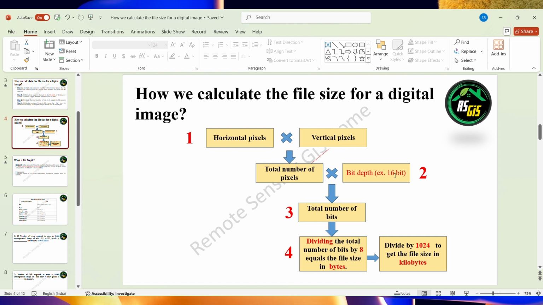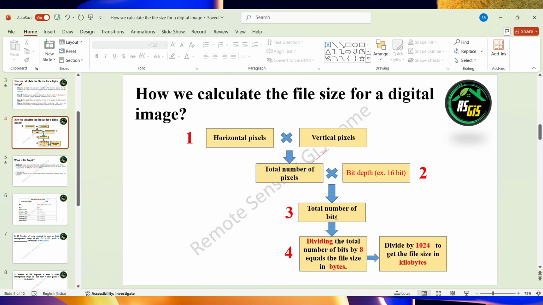This gives the total number of bits, the value we get in the third stage.